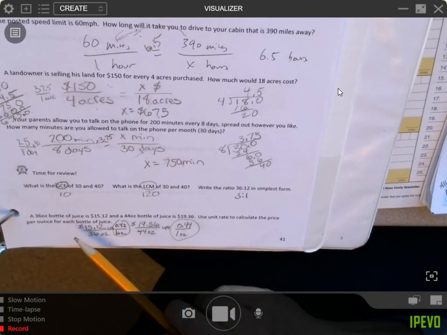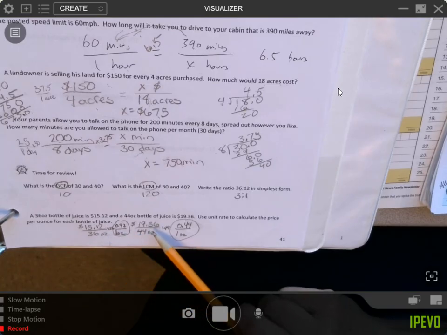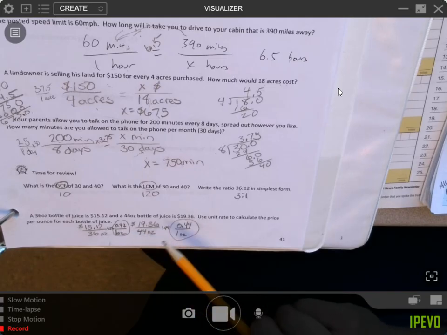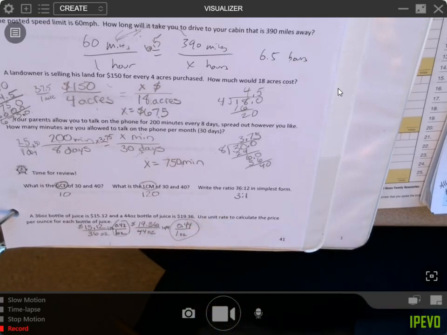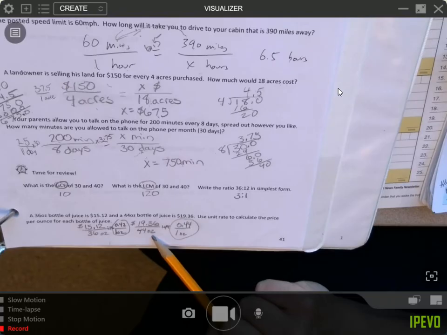Then a 36-ounce bottle of juice is $15.12. And a 40-ounce bottle of juice is $19.36. Use unit rate to calculate the price per ounce. Because we want it per ounce, I need to put the ounces on the bottom, the money on the top.